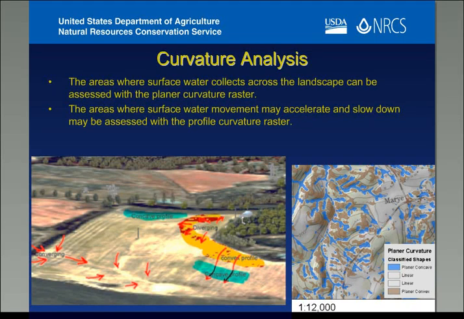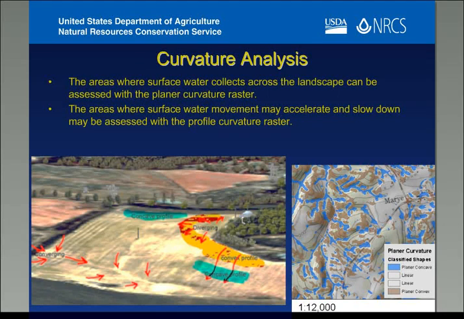Of particular interest for the HGM extent mapping, as we have seen in Rich's presentation, are the slope shape derivatives that can be produced, and give us an idea of what parts of the terrain water is collecting in, and where water is dispersing. Those are the planar curvature products, as you see in this example in the lower right.